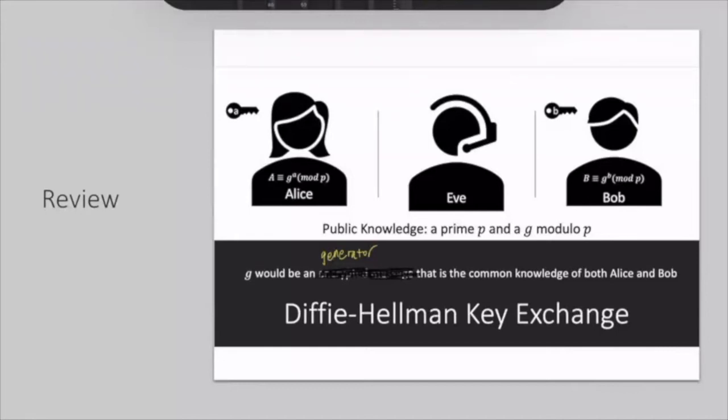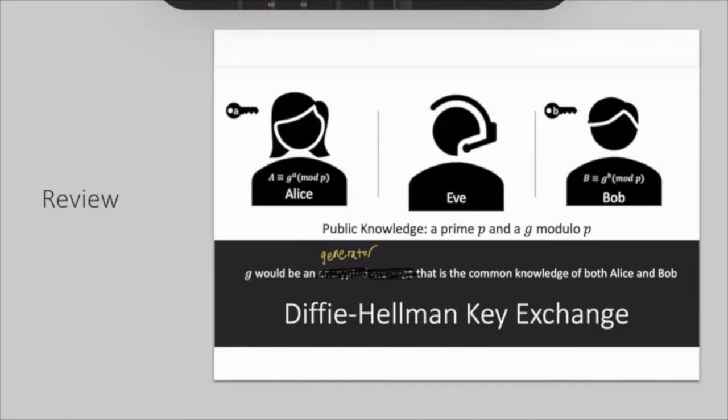And through this public system, we have a very big prime P, which makes this problem difficult. And we have a generator G modulo P. And this generator is common knowledge of Alice, Bob, and Eve, because it is generated by the system.